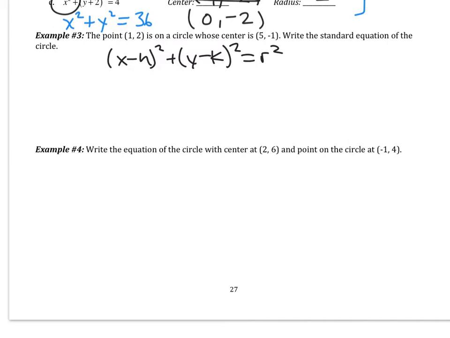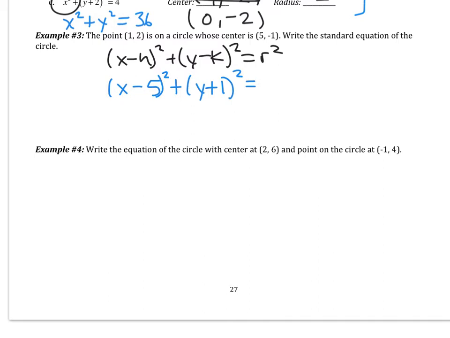They gave us the center, so can you plug in the center? It would be (x minus 5) squared plus (y plus 1) squared equal to whatever r squared is going to be.